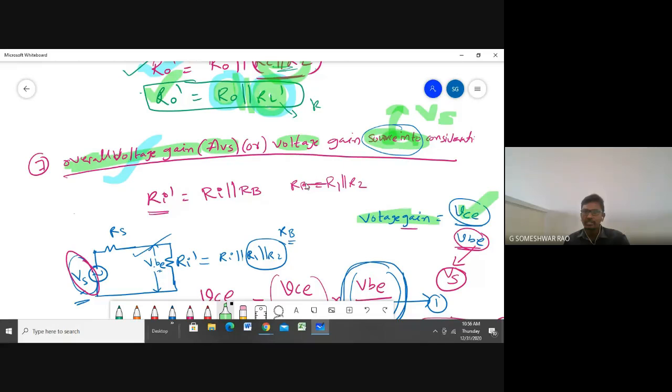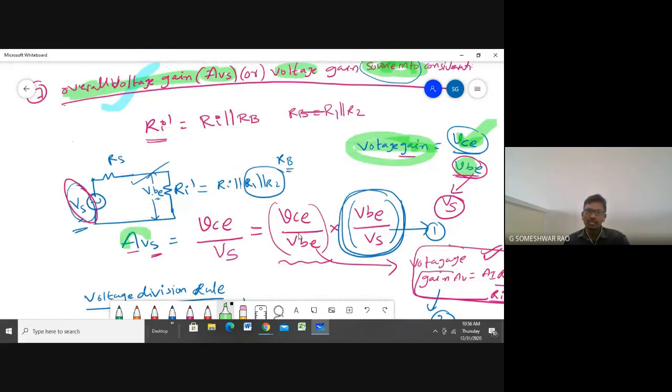The voltage gain definition is VCE by VB, but when Vs is also considered, AVS equals VCE by Vs. This is the output voltage and this is the source voltage. Earlier it was the input voltage VB, and now we need to consider the source voltage Vs.